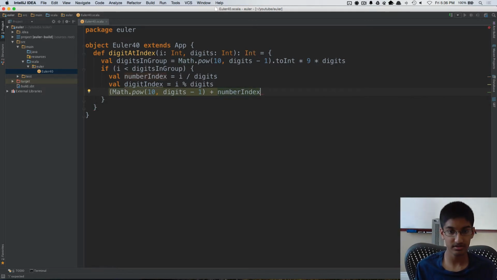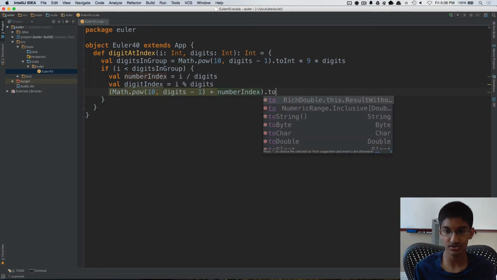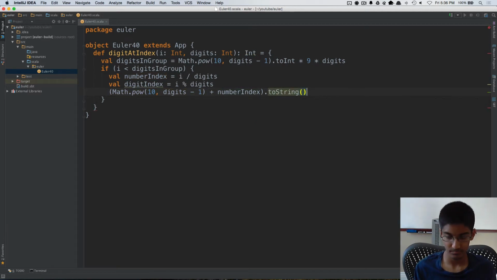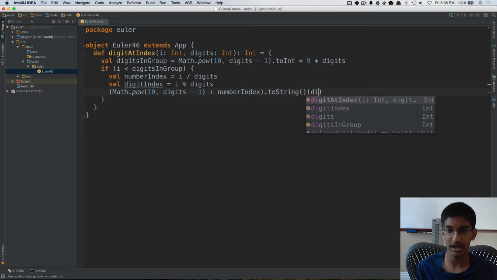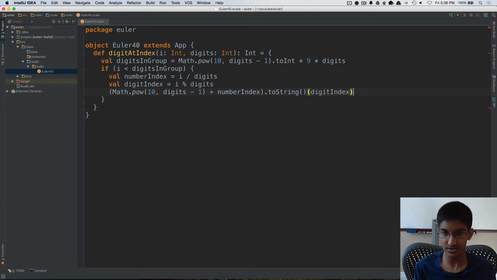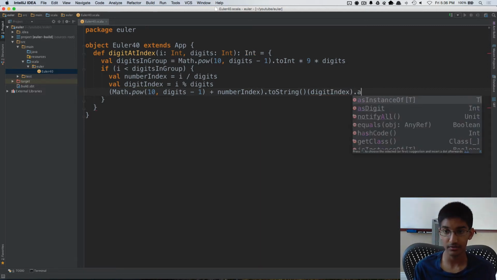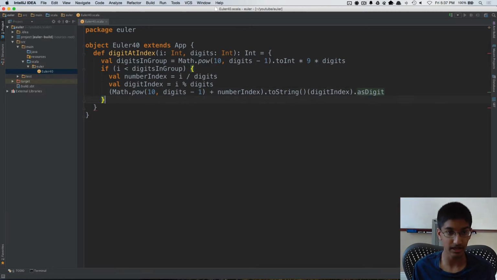I'm going to take this and convert it to a string. And then I want to get the digit indexed digit from this. So I'm just going to apply with the digit index, which gives me a character, which is the digit, and we're just going to do as digit to get that digit as an integer.